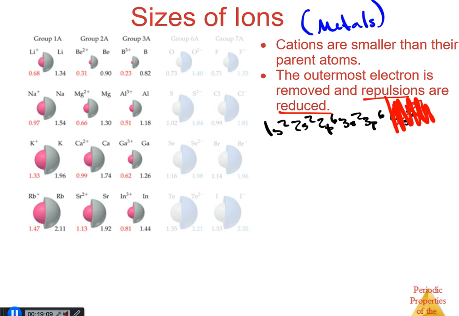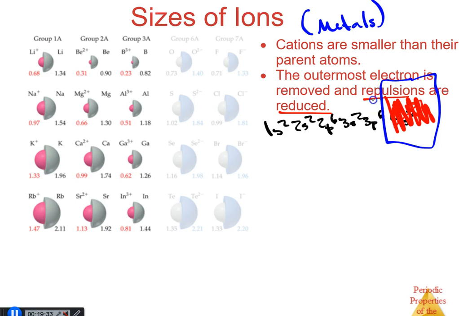So, the reason why is because the outermost electron is removed and repulsions are reduced. Let me say that again. When you make or cause a cation to be formed, you literally have cut off its outermost shell.